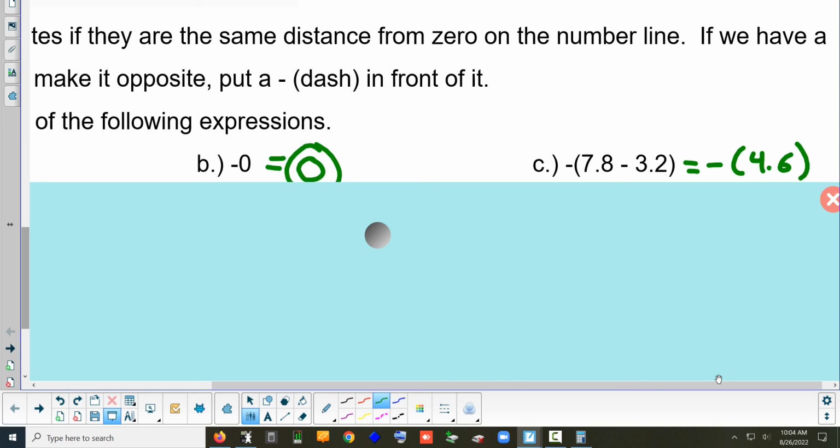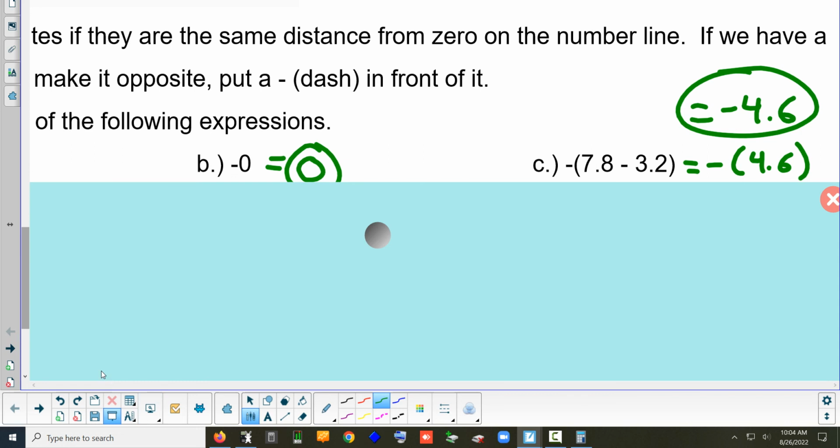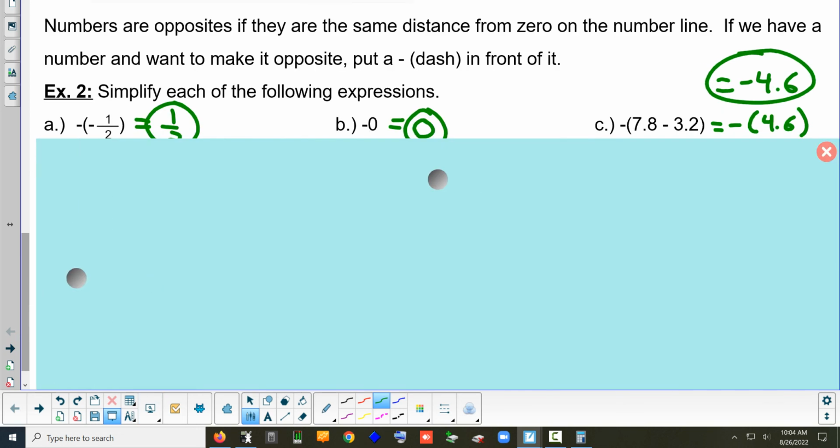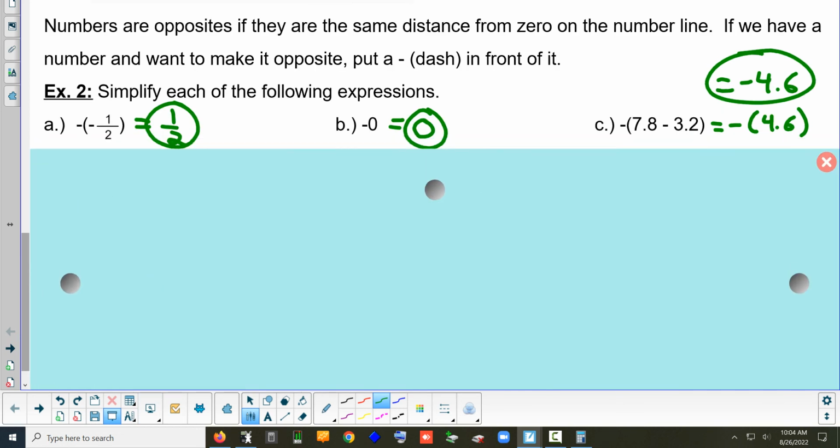So I don't need to leave this in parentheses. If I was going to write that as a final answer, I would just put negative 4.6. I guess it's not wrong if you leave the parentheses, but you don't need them. And that's it. So any question on simplifying any of those examples we did under example 2?